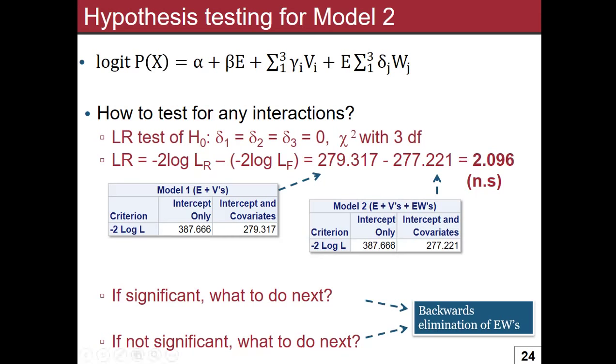Another thing is that Dr. Kay in particular advocates in his strategy what he calls backwards elimination of the EW terms. That is, you go one by one through them and make sure that they're all not significant through individual tests. This is very similar to things done in EPI 591P, the second semester biostats, where you did backwards and stepwise. So this is essentially backwards testing, but just on those interaction terms.